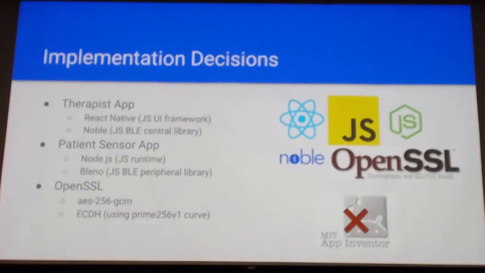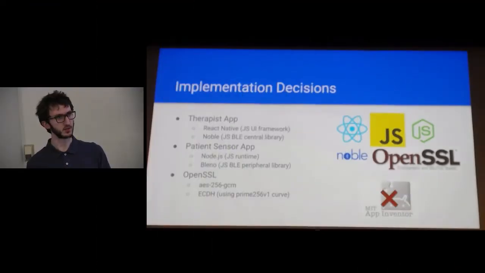So regarding the implementation of our prototypes, we made some decisions in terms of the technologies that we used. Initially for the therapist application, we were using MIT's App Inventor, which allows you to create Android applications from a web-based interface, but we found it to be too restrictive in terms of the encryption libraries that were available.